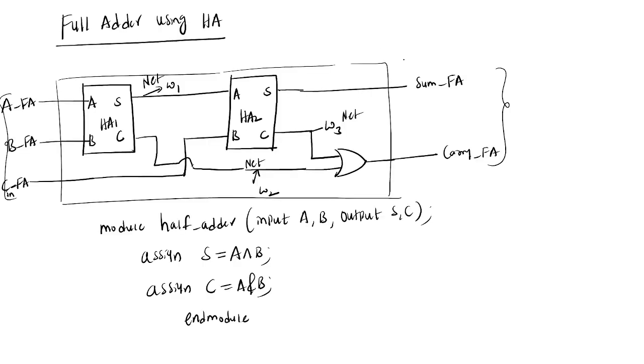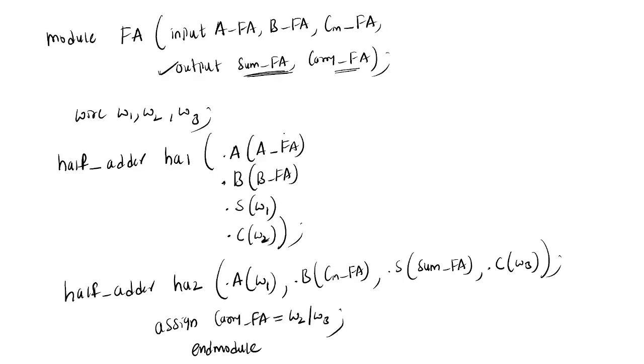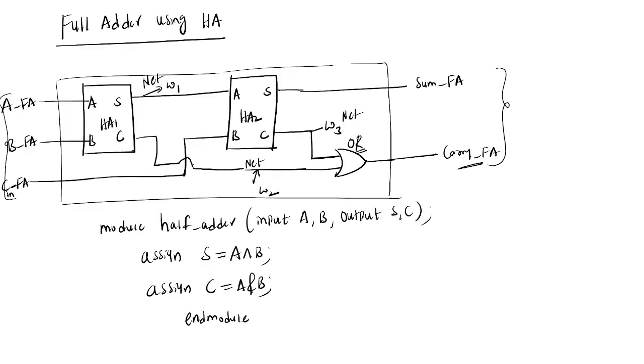Why? Because carry_FA equals what? This is with an OR gate, so I'm using assign carry_FA equal to W2 OR operation with W3. Sum you are getting directly by instantiation, that's why you didn't. Yes, but carry you are getting through an OR gate only, no?